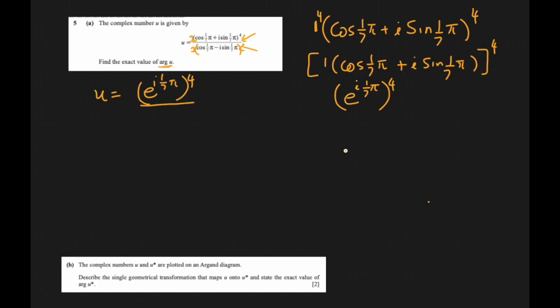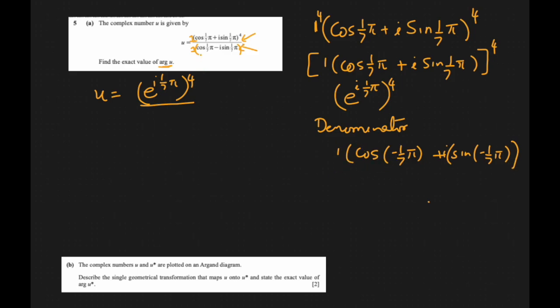The denominator can be written as 1 cos minus 1 over 7 pi plus i sine minus 1 over 7 pi, like this.